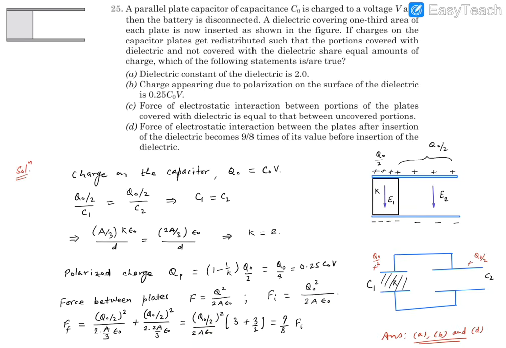So basically it comes out to be 9 by 8 of the force that acted without the dielectric. This statement says the force after insertion of the dielectric is 9 by 8 times the value before the insertion of the dielectric. Yes, that's what it is. Hence option D is also correct. So finally we got A, B and D as our correct responses. That's how it's done. Thank you.